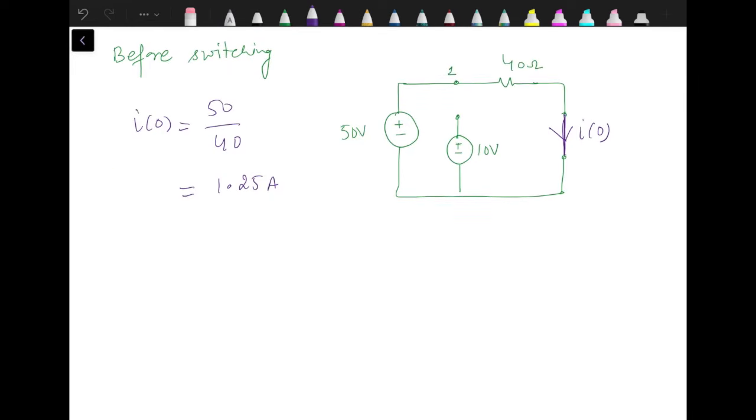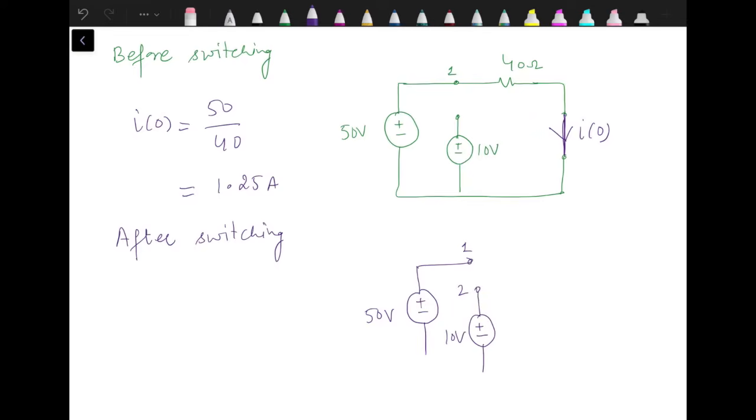Next we need to find out I infinity from after switching conditions. After switching, the switch is moved from position 1 to 2. So now the 10 volt source is connected in series with 40 ohm resistor and the inductor.